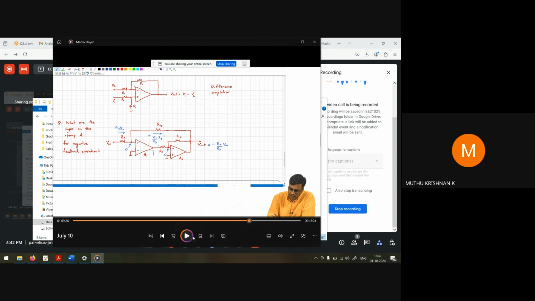Sir, does the collective combination of these two amplifiers work as an inverting or a non-inverting amplifier combination? Basically, the first amplifier is working as non-inverting, and the second is working as inverting.